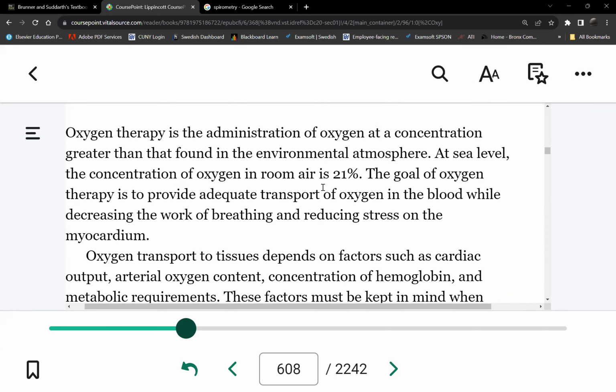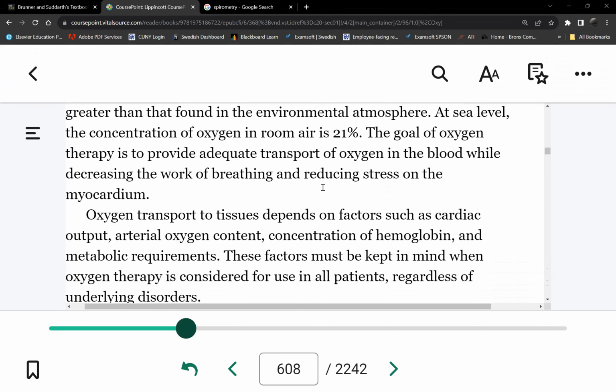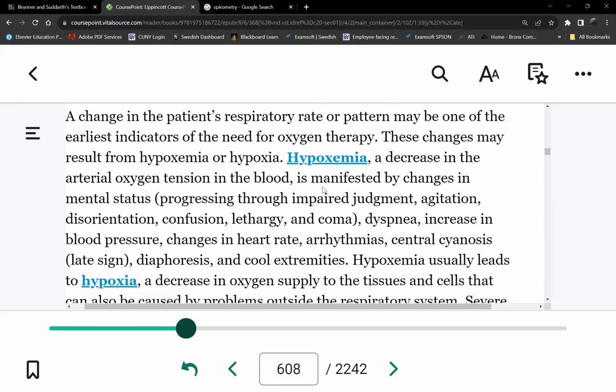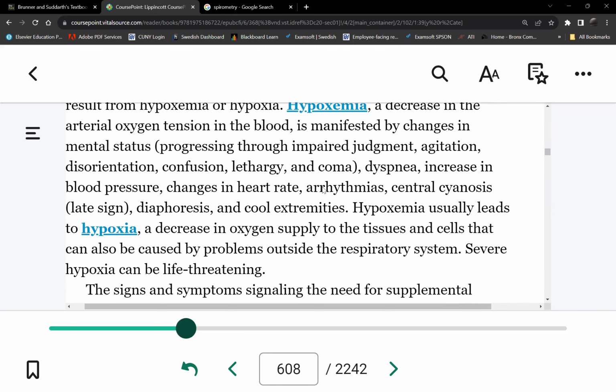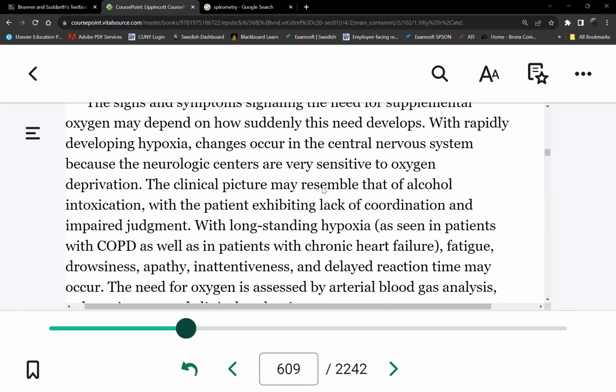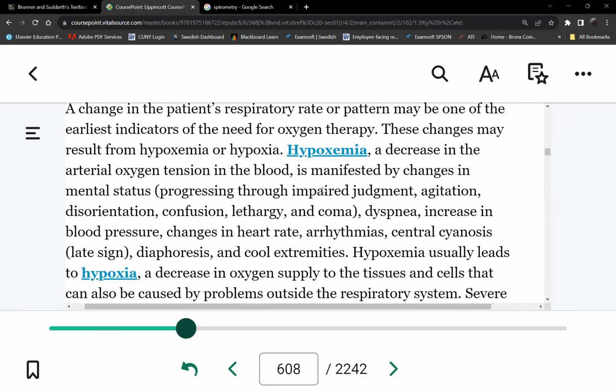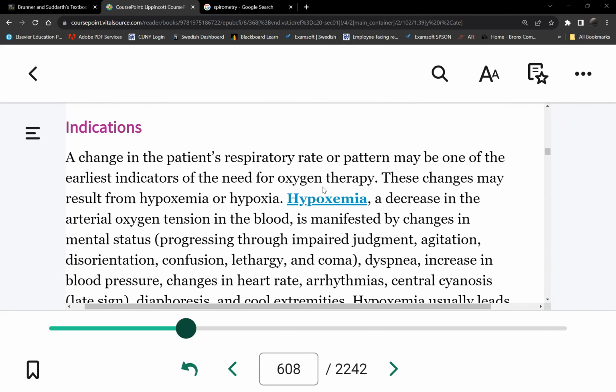COPD patients and oxygen therapy. What have you learned in fundamentals? I'm sure your instructors talked about COPD and oxygen. Okay, so that's kind of correct.